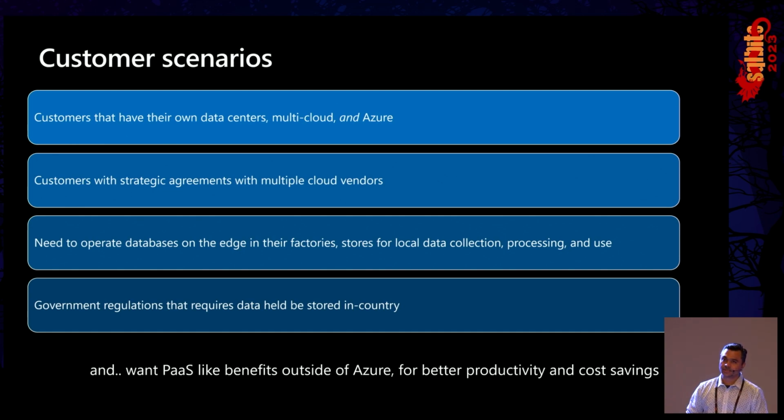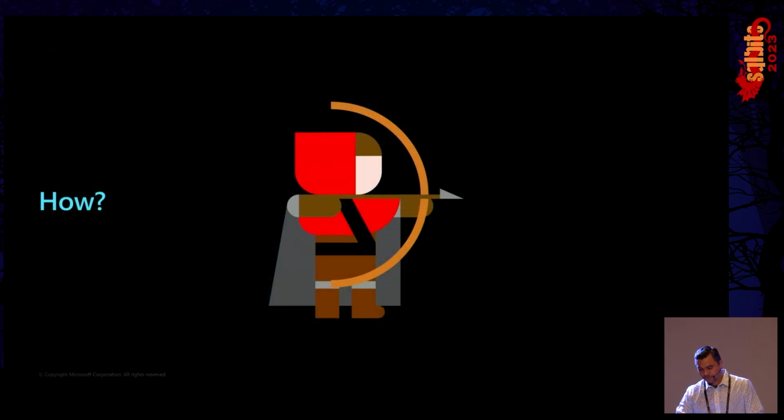And they have compliance requirements that the data has to stay within the country or within the borders, right? So if there is no data center, there is no option for them to migrate to Azure. But with Arc SQL MI, you can deploy Arc data services into your own local data center and still get Azure PaaS benefits, right? So that's one of the customer scenarios.